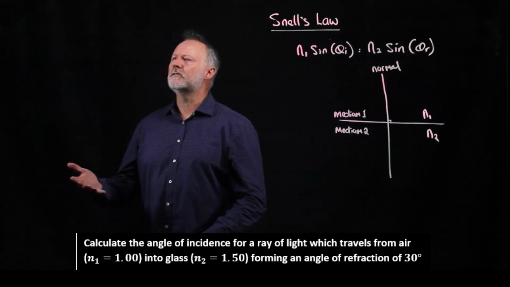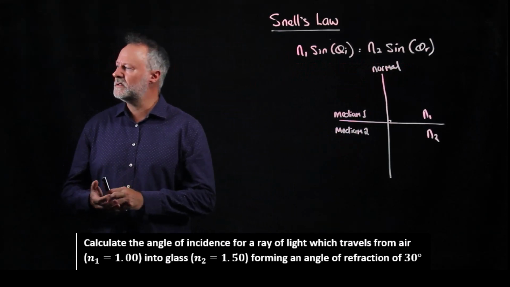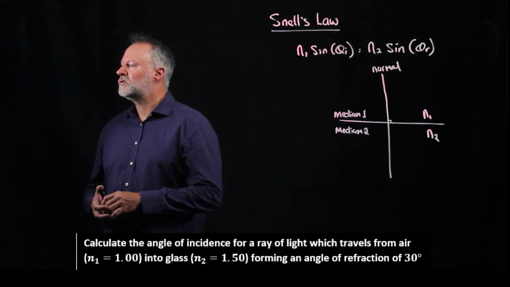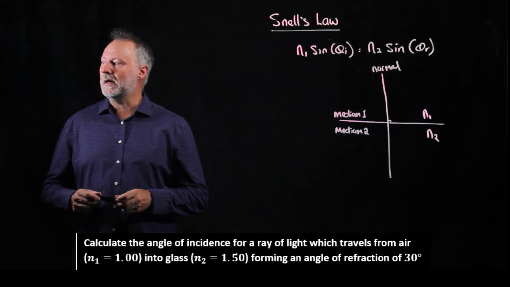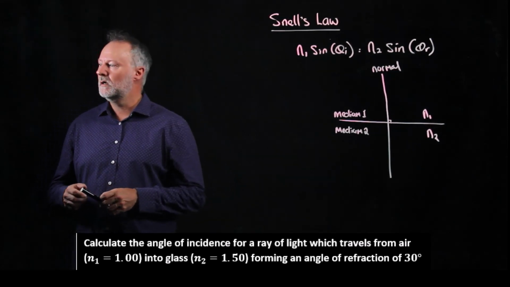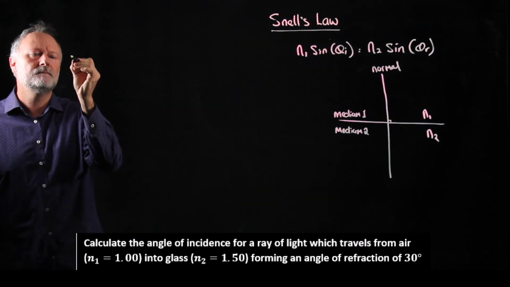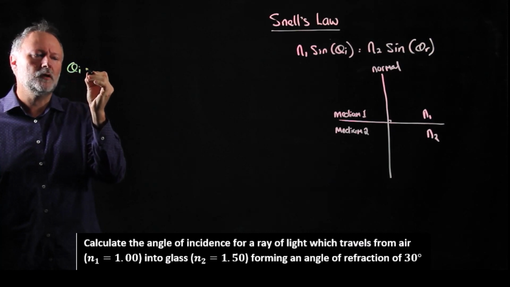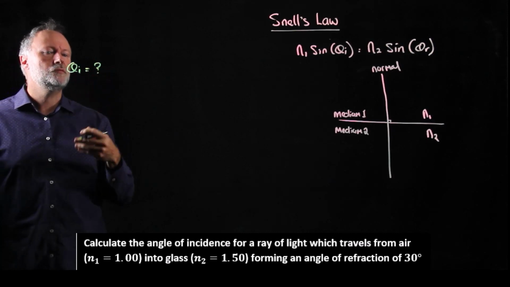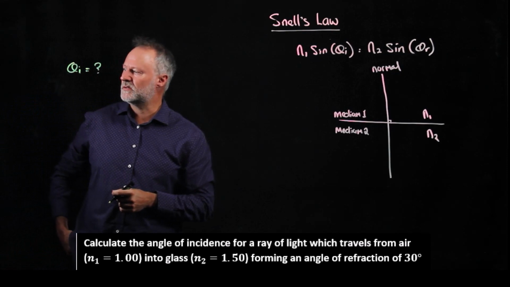Our first example states that we need to calculate the angle of incidence for a wave of light which travels from air into glass, forming an angle of refraction of 30 degrees. So let's set out our variables correctly. The angle of incidence is what we're trying to solve. That's the question mark for this example.